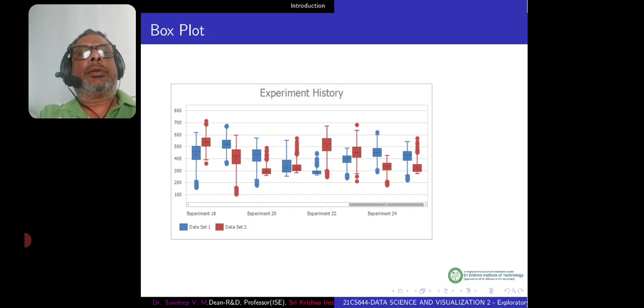In one small plot, totally 16 distributions are represented. Each 16 distributions are of the 4 experiments, 4 measurements, all of them put together in one place. So much compactness is there in this box plot.